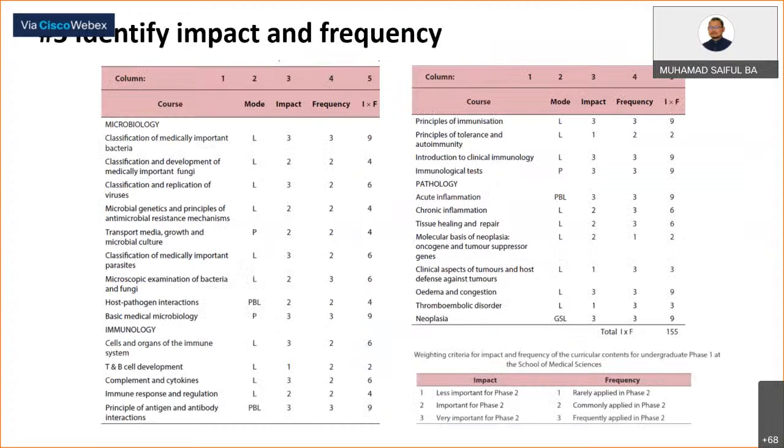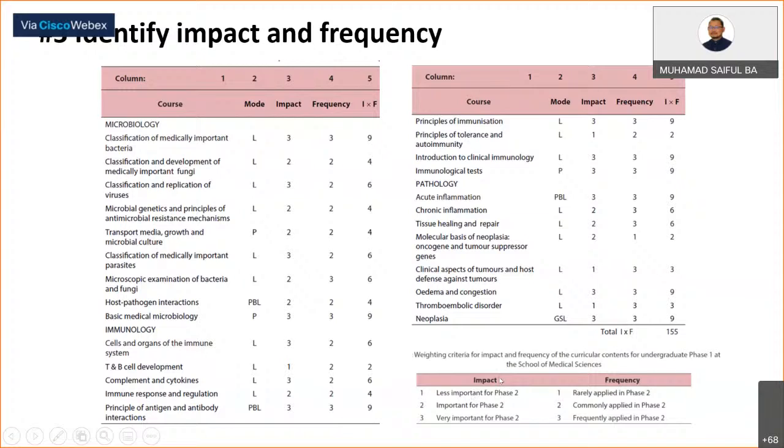Then, usually we classify each of these items into impact and frequency. It means that the IF is not impact factor, but impact frequency. And then mode of delivery. Based on the impact factor, we classify according to this definition, and the classification will be done by the experts.